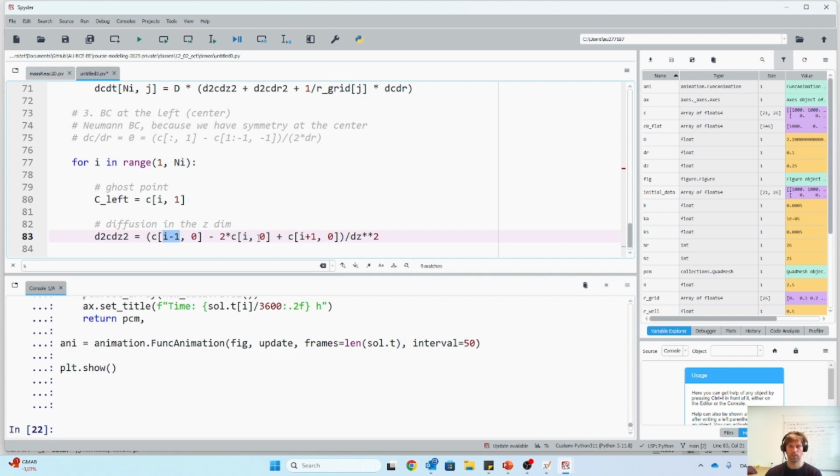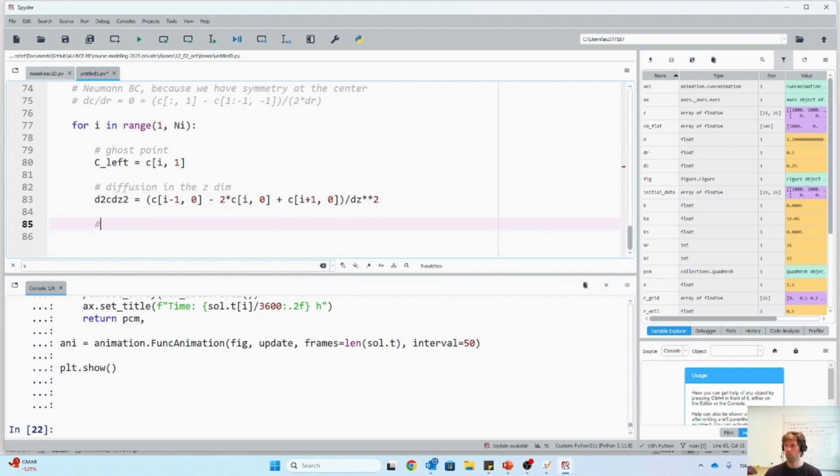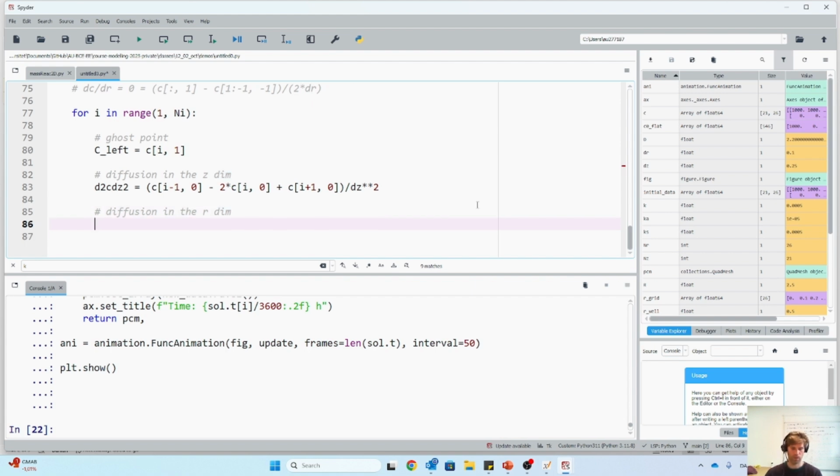So that is on the vertical axis. But for the radial dimension, we also have diffusion. And here we have to implement our ghost point. So let's write it down.